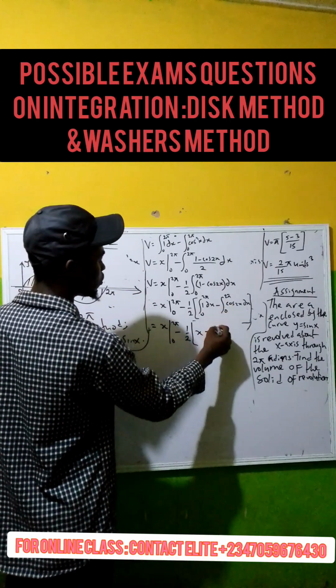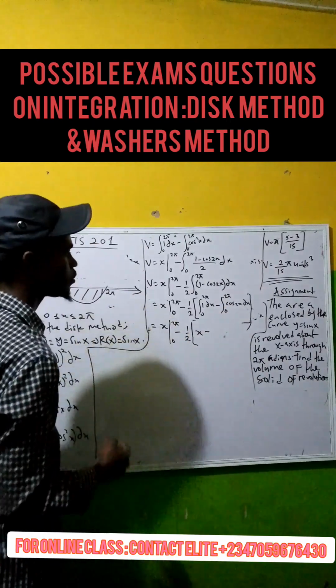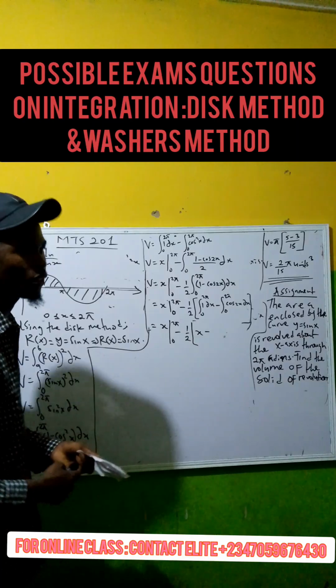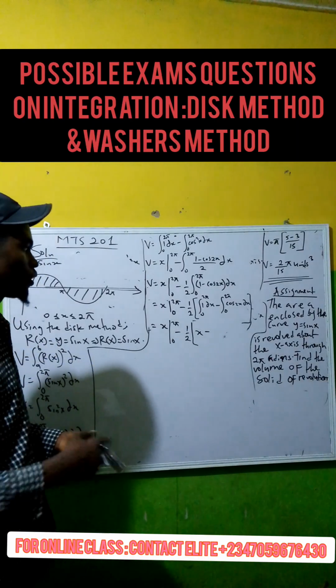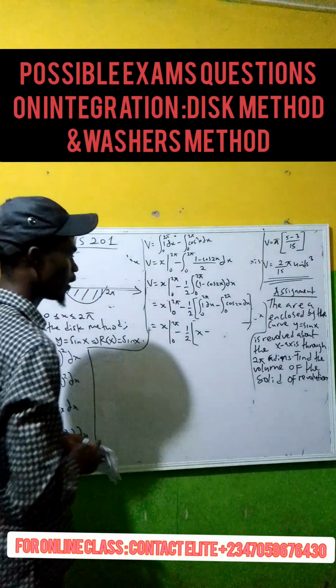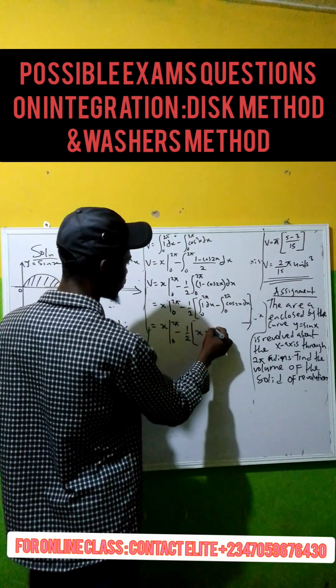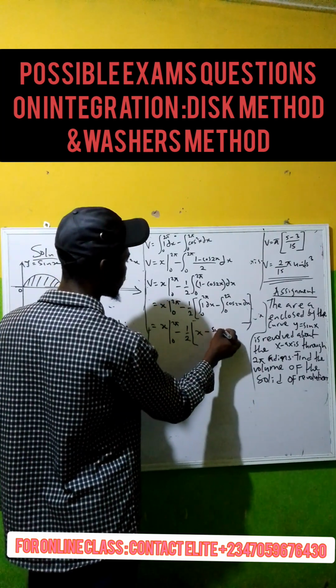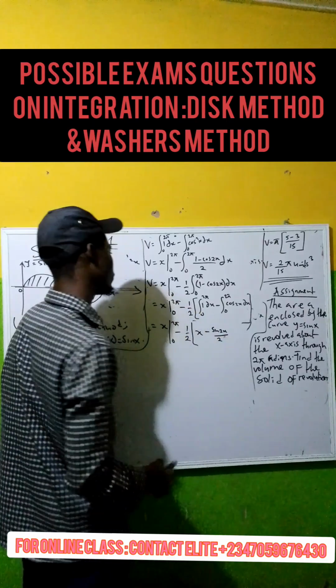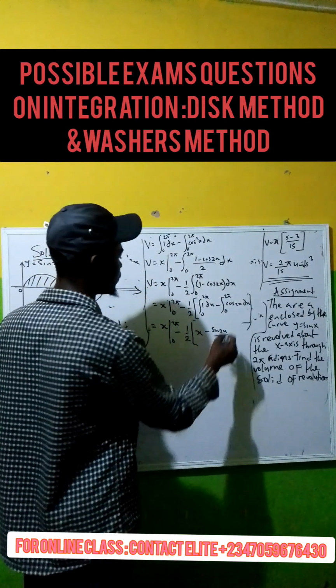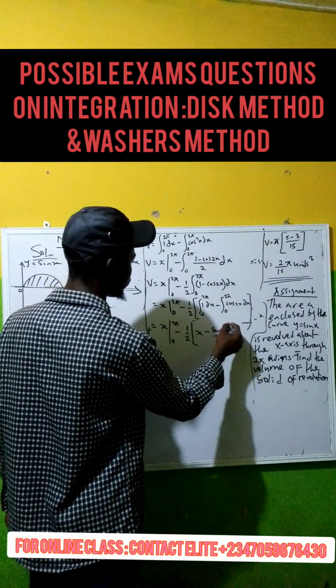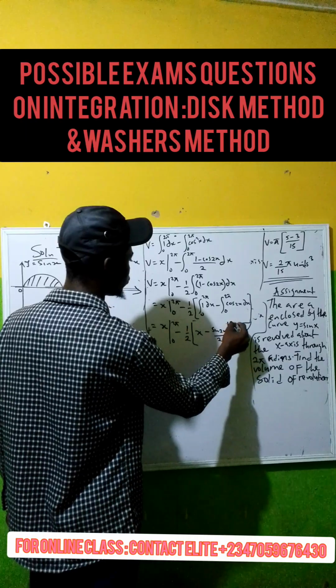Minus, if you integrate this one, normally if you differentiate cos x, you're going to have minus sin x. But if you integrate cos x here, you're going to have sin x, not minus sin x. So that will be sin 2x over 2 if you integrate this guy. Alright, so we're also having 0 to 2 pi.